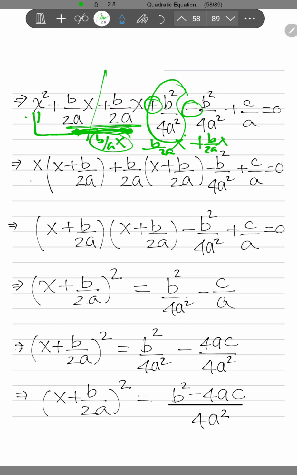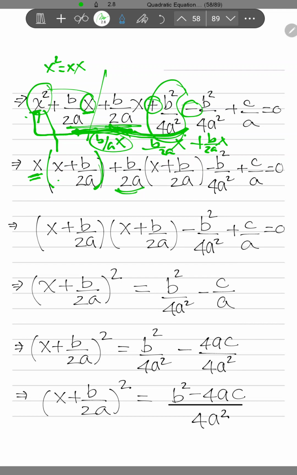Now here, let's take x as a common factor, because x squared is x times x. So we have one x here, we have another x here. When we take x out, we will have x plus b over 2a in the parenthesis. This x is out of the parenthesis. Again, from the second term, what we take as a common factor is b over 2a.